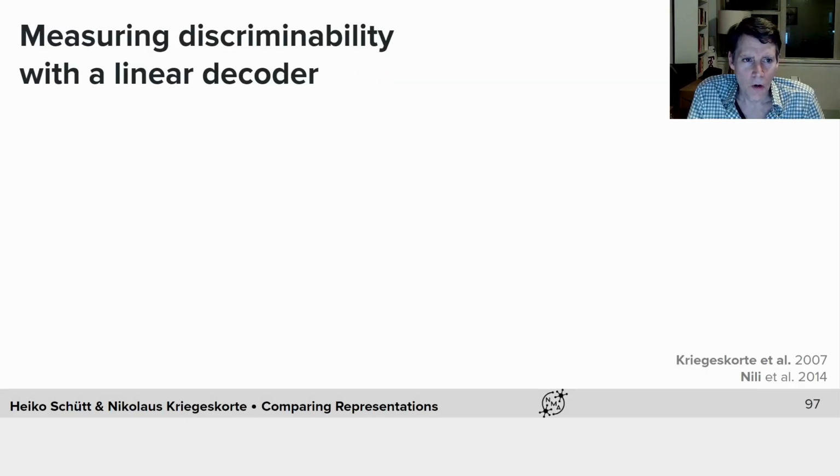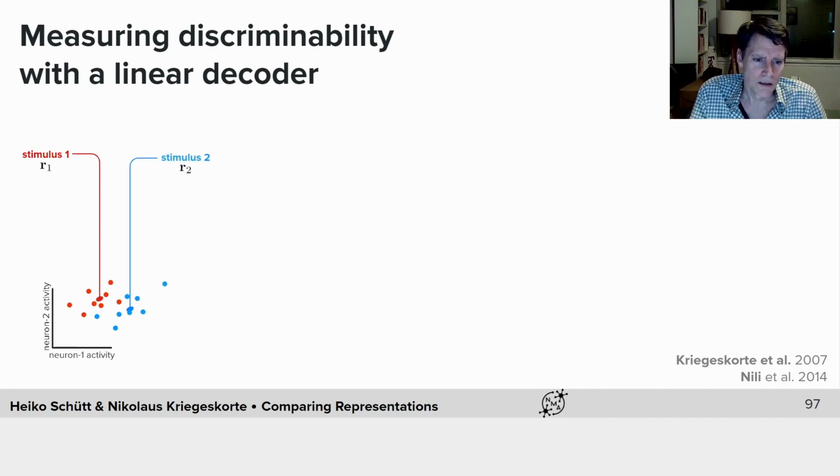So let's consider how we might measure discriminability with a linear decoder. Imagine you've done an experiment where you've presented two stimuli to human subjects while measuring their brain activity. And in a region of interest that you're studying in the brain, you've measured a number of neurons.